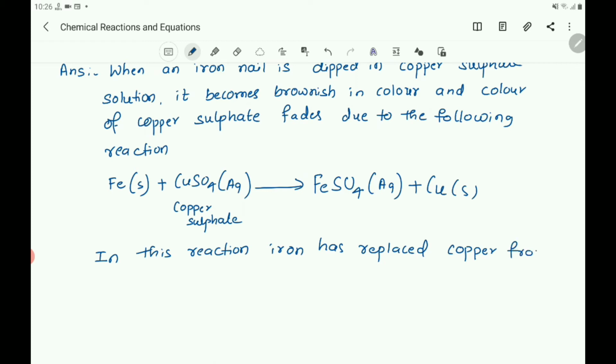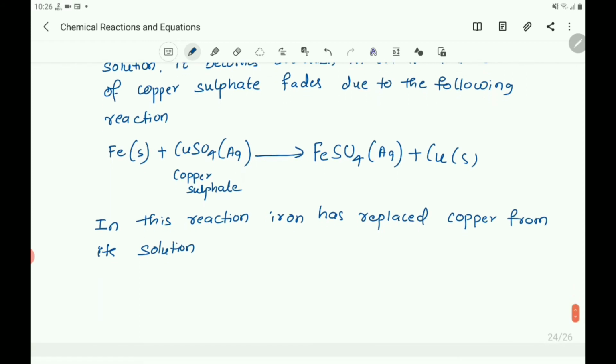Thus, the amount of copper sulfate decreases and its color fades.